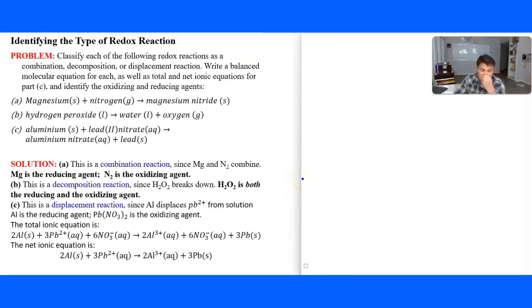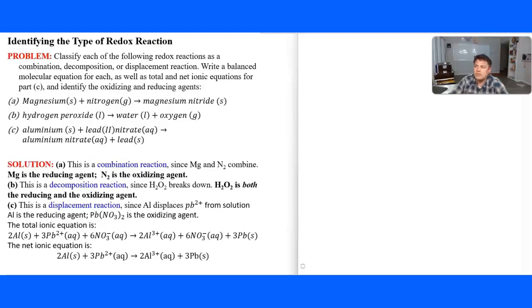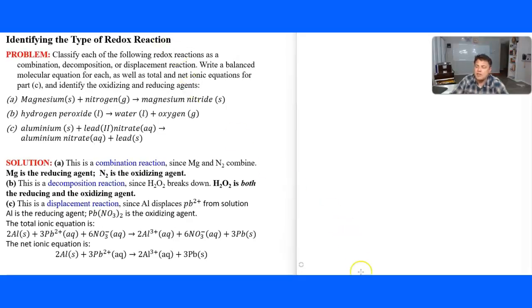Okay, let's identify the types of redox reaction. Magnesium plus nitrogen gives magnesium nitride.